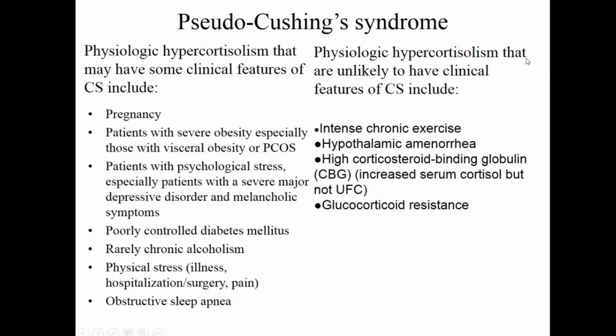Physiological hypercortisolism that are unlikely to have clinical features of Cushing syndromes. Intense chronic exercise: patients with even pathological Cushing syndromes, if they are athletes or patients who are used to chronic or heavy exercise, may not have the weight gain which is proportional to the cortisol.